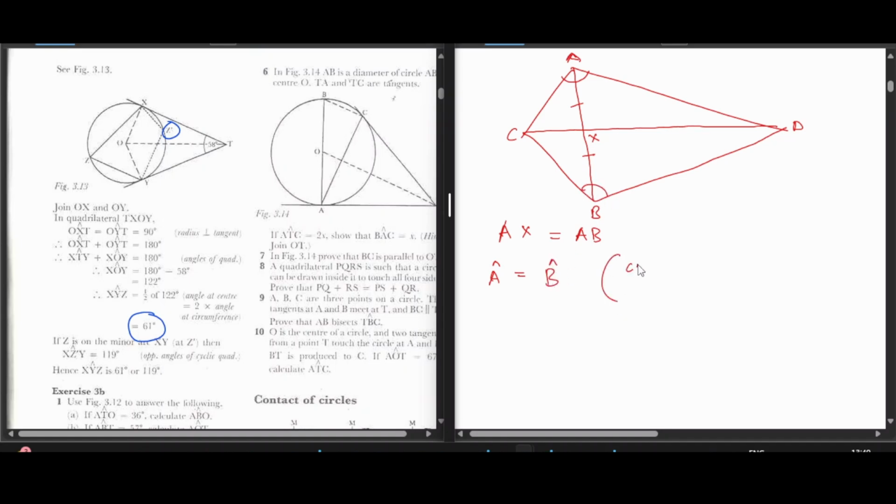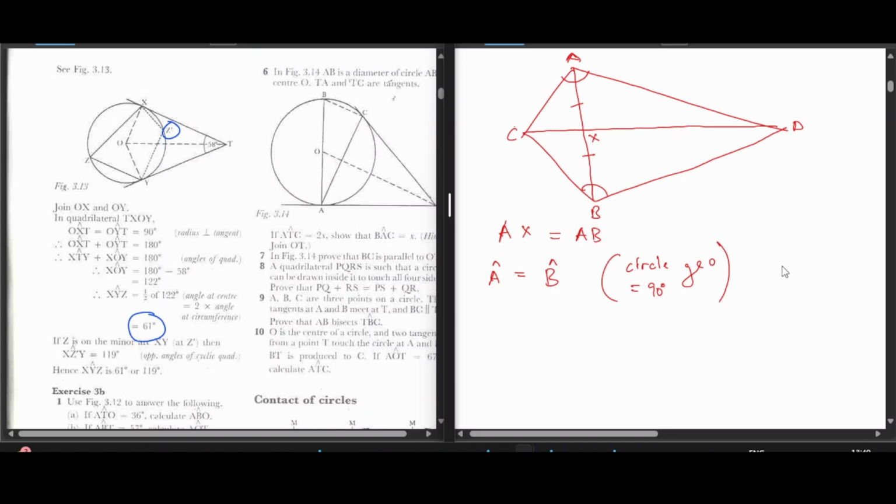And now when we are using it in circle geometry, the angle at C here is equal to 90 degrees. So it's only equal to 90 degrees if it is in the context of circle geometry, because a radius meets a tangent, so it is 90 degrees.